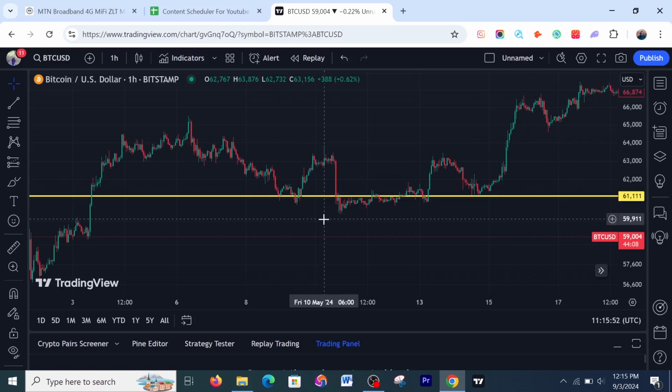So the key to setting your stop loss in the right manner is to ensure that you buy at support point. That's the key. You buy at support point, then you sell when that support is broken.